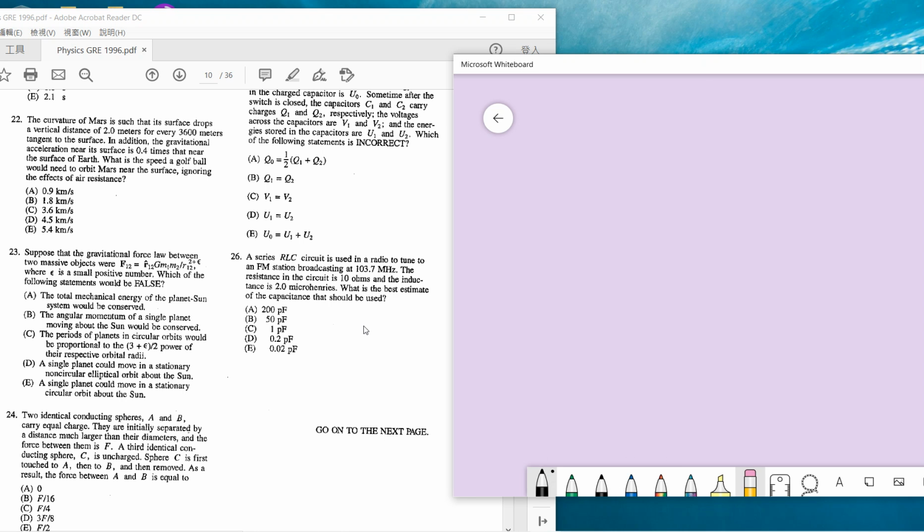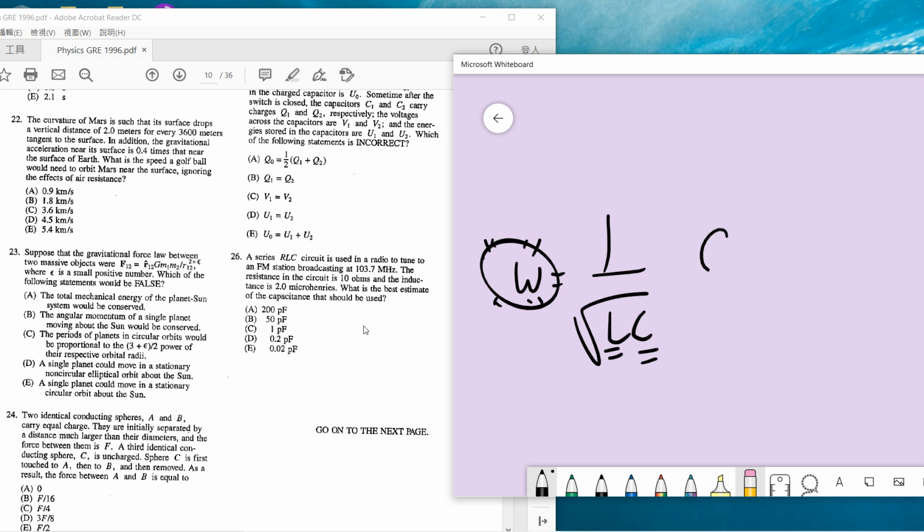One important formula I already said many times is that the resonant frequency omega is 1 over square root of LC. So you have this omega now, and you have L now, and you don't know C. So C is approximately 1 over L omega squared.